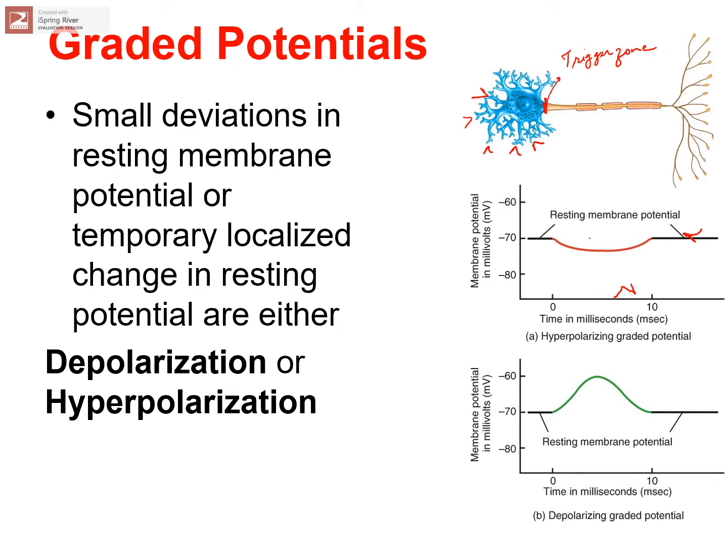The signals can be either excitatory, for which I'm going to write a plus sign, or inhibitory, with a negative sign. An excitatory signal promotes the generation of an action potential, and an inhibitory signal inhibits the generation of an action potential.